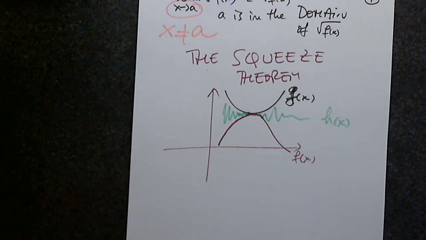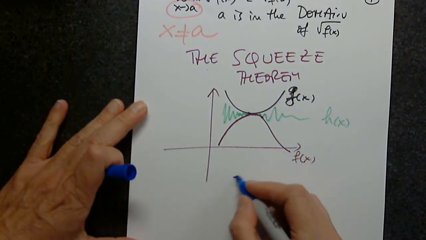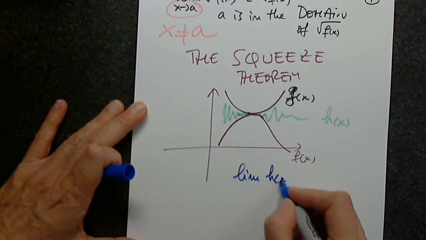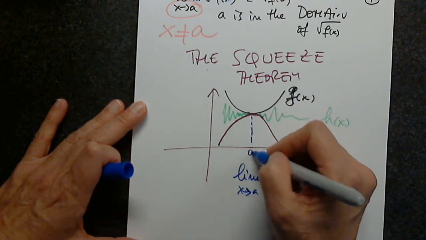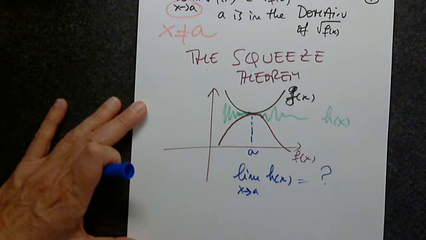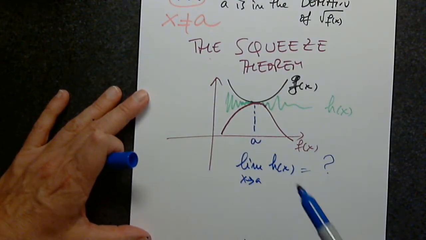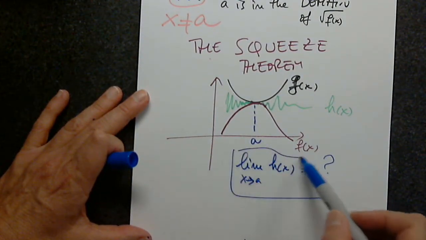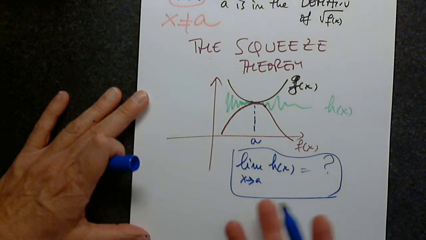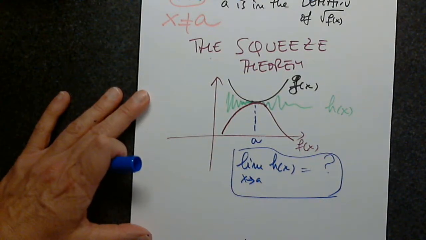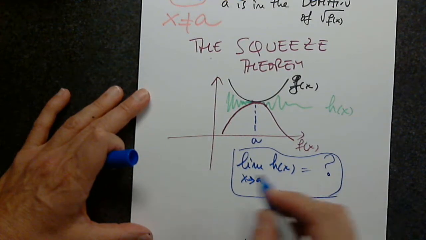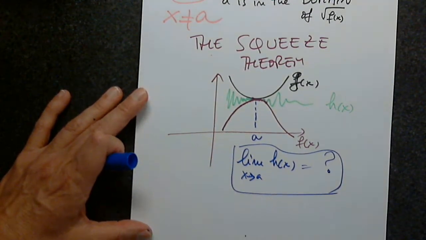What we are interested in is finding the limit of h of x as x approaches a, of course. Here's a. This is what we don't know. But we have no mechanism for this. We cannot rationalize, we cannot use a product, we cannot use the limit laws, we cannot use a ratio. We have no idea how to solve this.